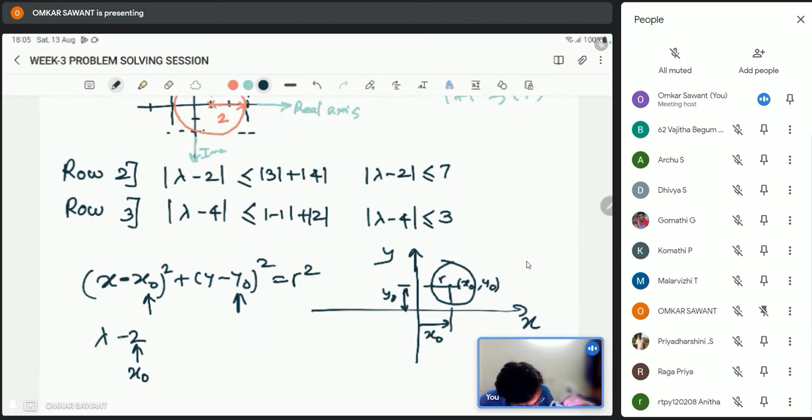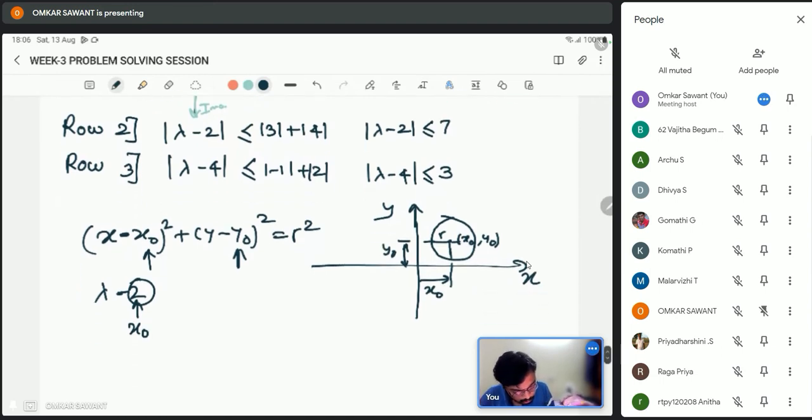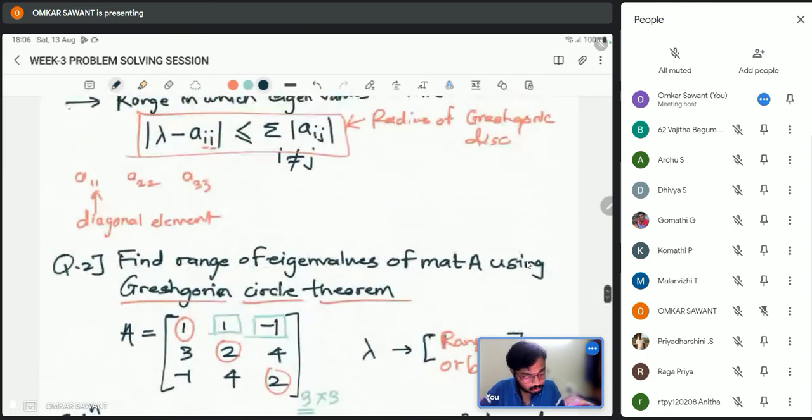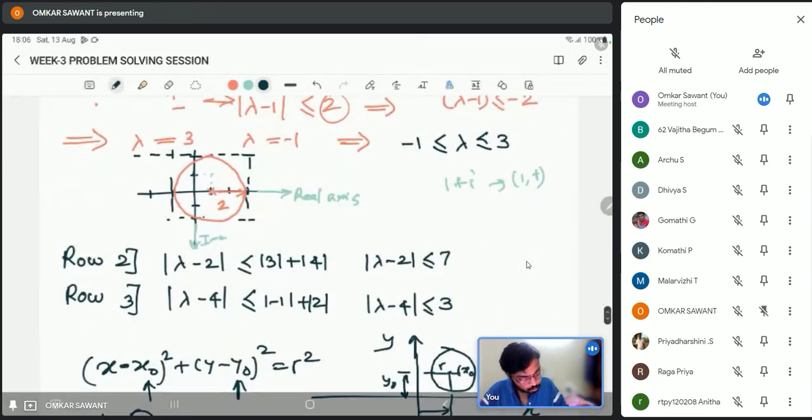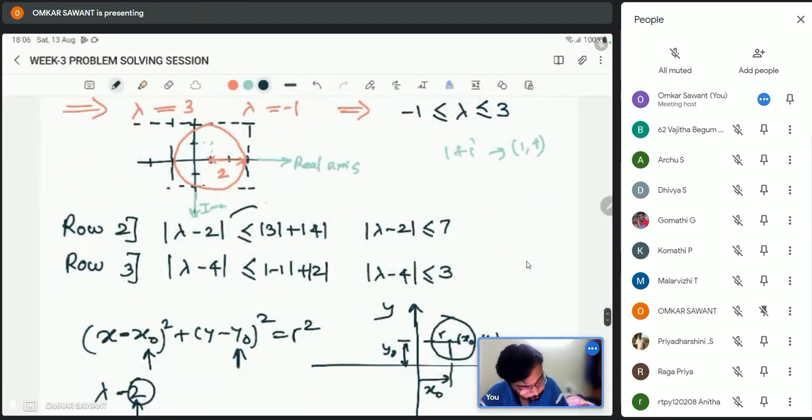So you take this amount by which it is shifted, which is plus 2. Now for lambda minus 2, your center is what? 2 comma 0.